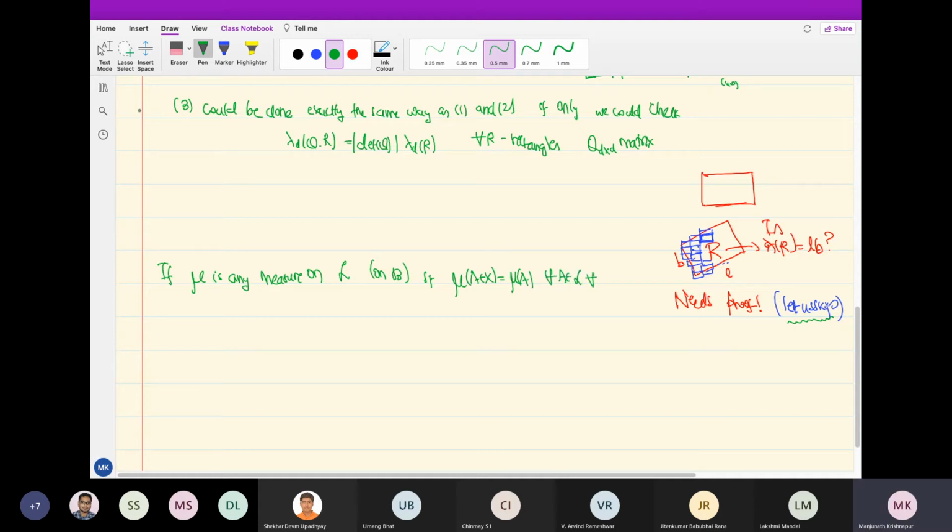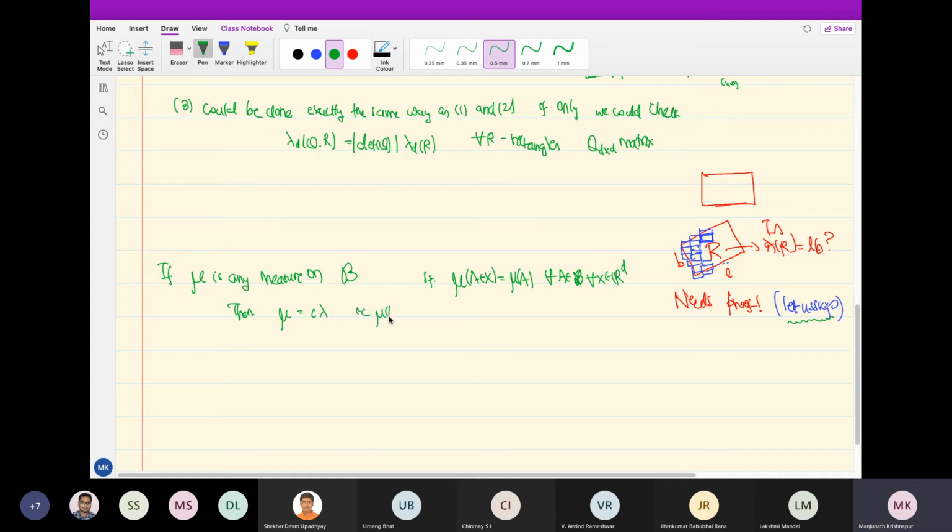So now let's just say it on the Borel sigma algebra itself. That's the smallest one. Even there, this is the strongest statement: if I have a measure on the Borel sigma algebra such that it is translation invariant, then mu is actually a constant times lambda.